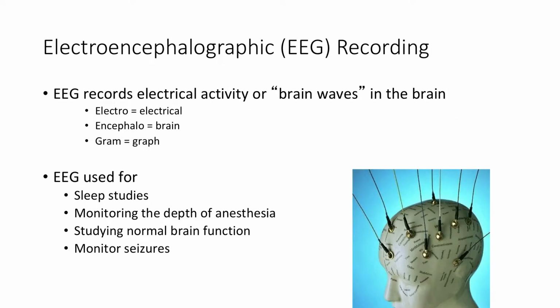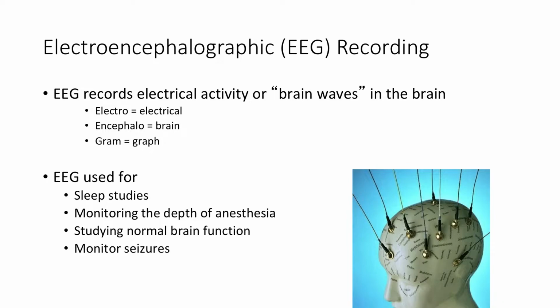So EEG recordings record electrical activity in the brain. Simple as that. Electro means electrical and encephalo means brain. So it is used to track and record brain wave patterns. EEG can determine changes in brain activity that might be useful for diagnosis in certain brain disorders.